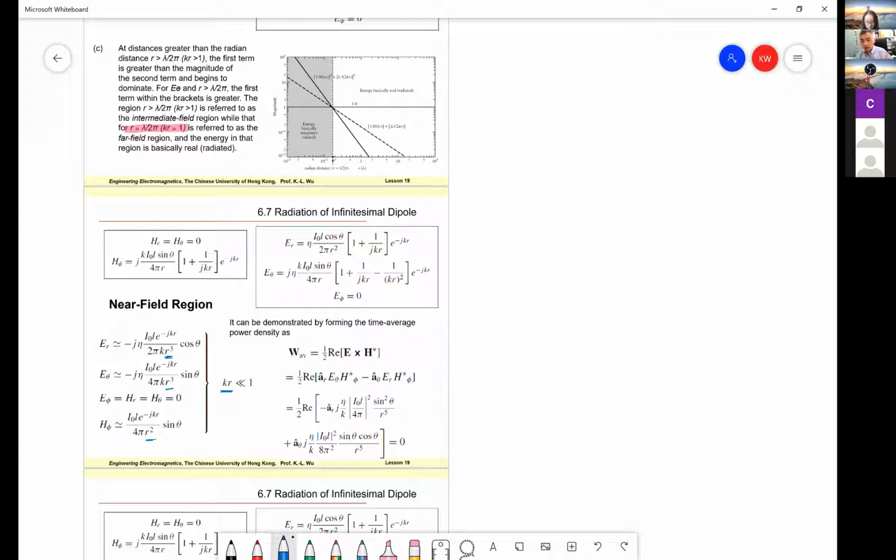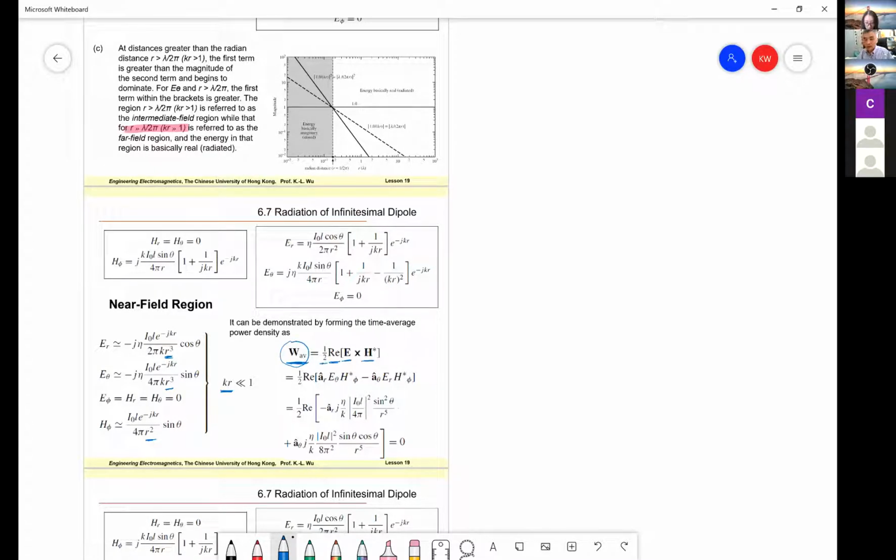Then if you look at the power density, the power density is not a complex number. When we look at the power, that means the effective power that people can receive. We take E cross H conjugate, take the real part and divide by 2.